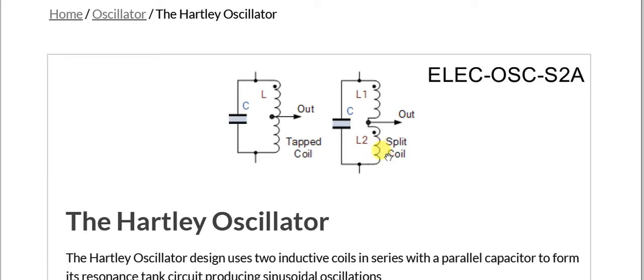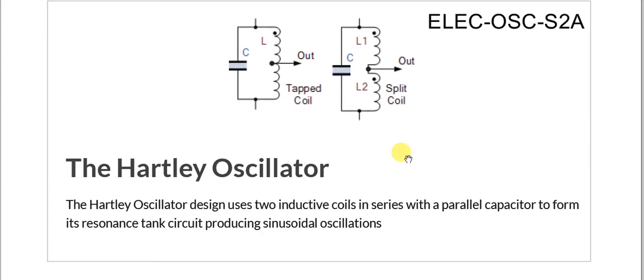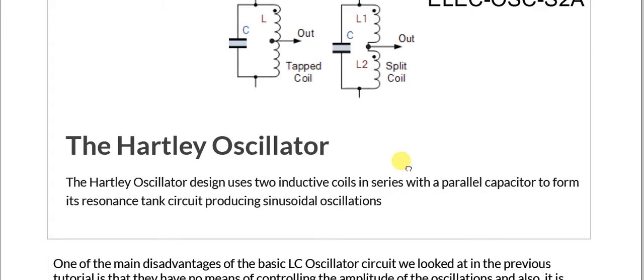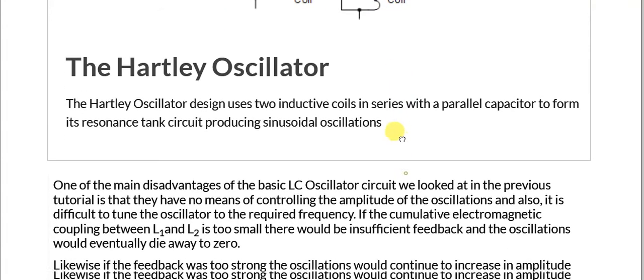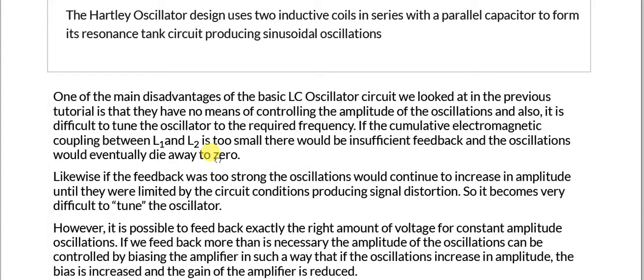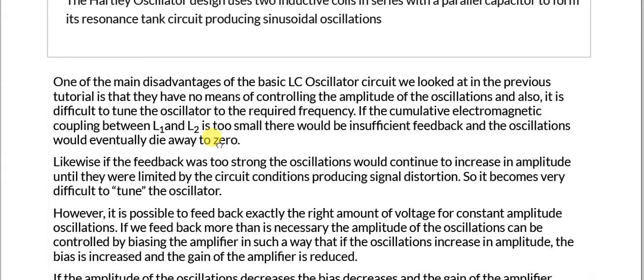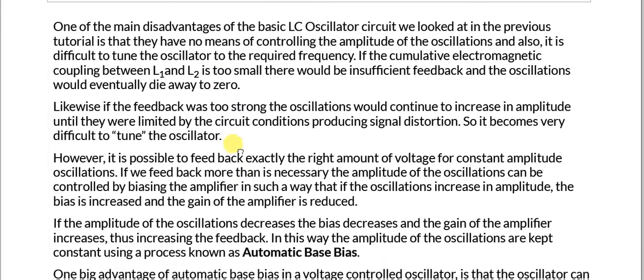So this is the main theme, the principle of the Hartley oscillator, that it uses the split inductor L1 and L2. The rest is the same, the tank circuit and operation are the same. We will be discussing the key mechanisms which are involved in it. The rest of the theory you can read, it is very clearly explained over here.